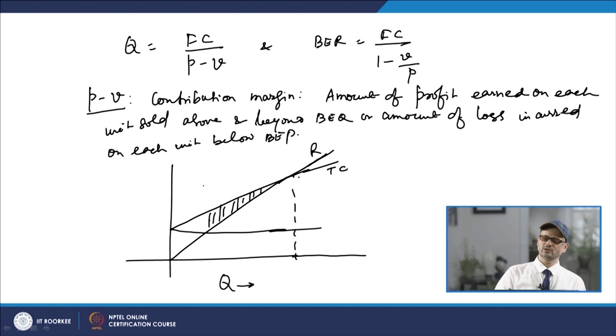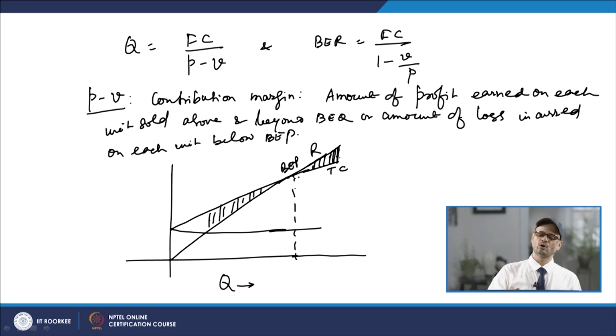So this will be loss, and as you go up you have the cases of profit. So this is the region of profit. So that is what we discussed, that you have the shaded region which is towards the left of this break even point, which indicates the area where there is loss, and when you move from here you assume that this is a case of profit.